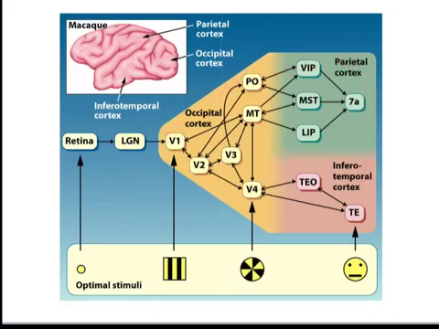So you have information coming in from the retina, going to the lateral geniculate nucleus, through the geniculocortical pathway to V1. So V1 is primary visual cortex. It's also known as Brodmann's Area 17, or it's called the striate cortex.